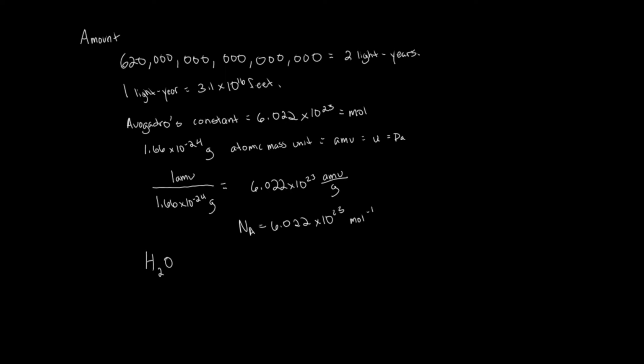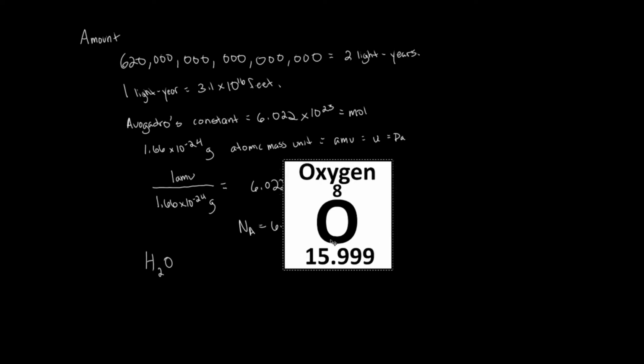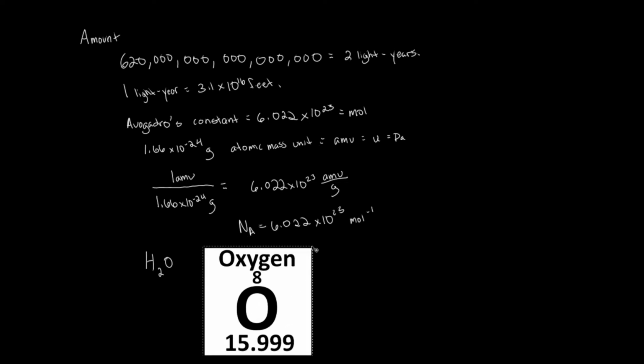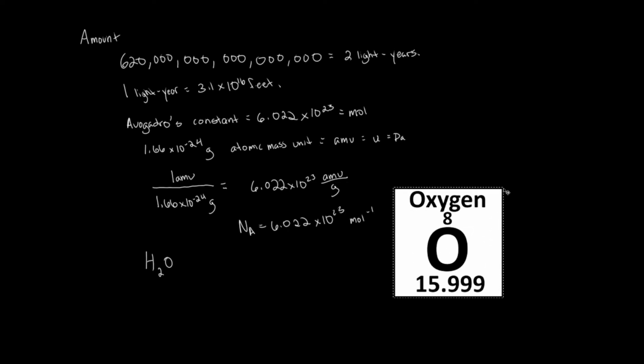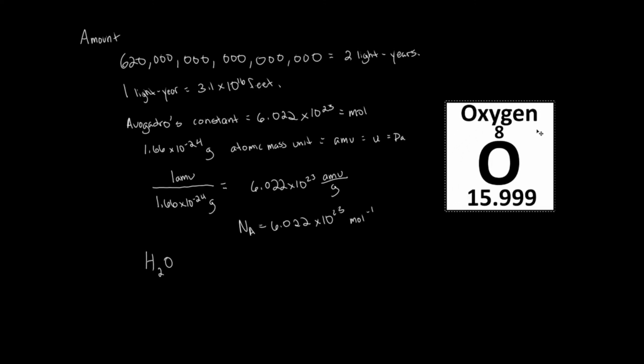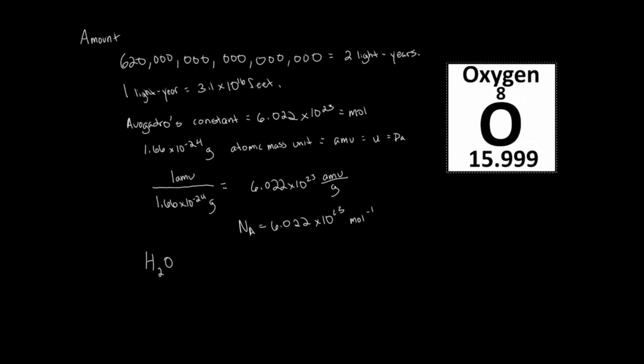So here, let's do this. We're going to pull some things off the periodic table here. So let's copy this image. We're going to come over here and paste this image. It's not going to let me resize it. That's fine. And let's grab hydrogen off the periodic table.